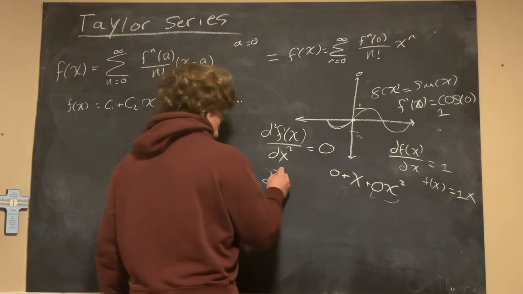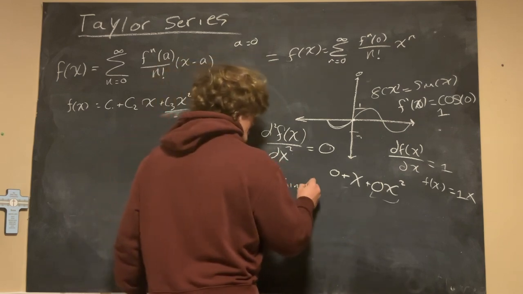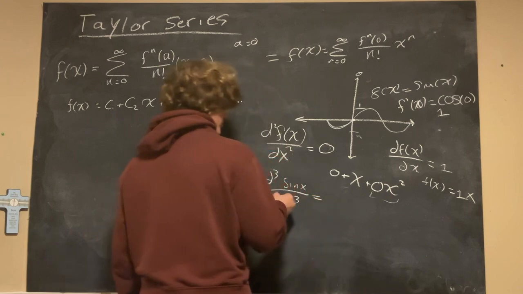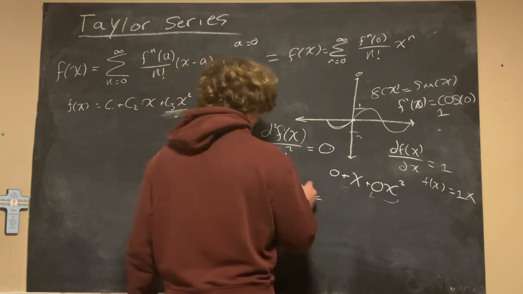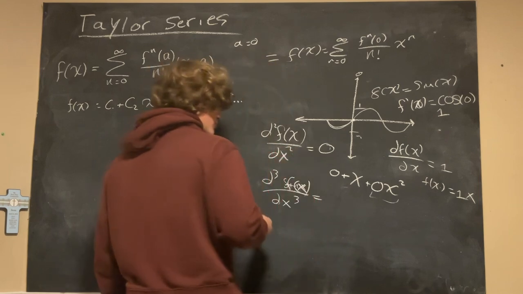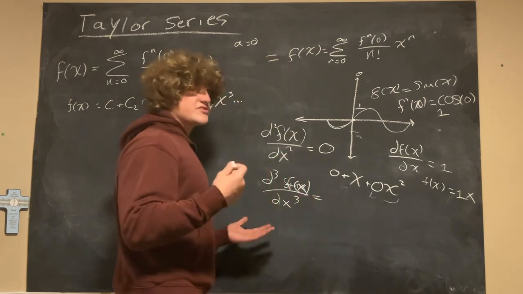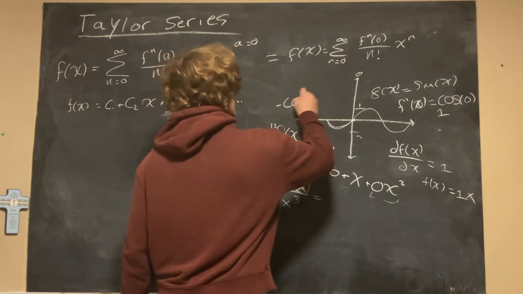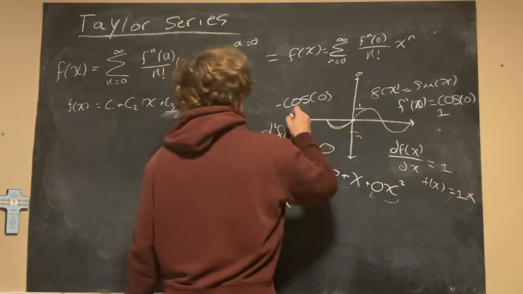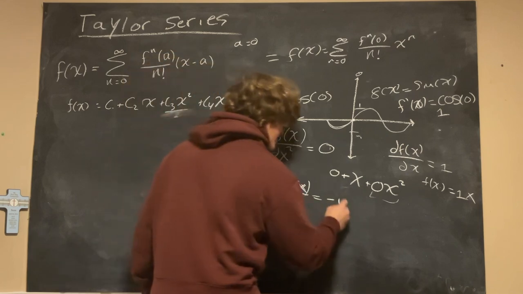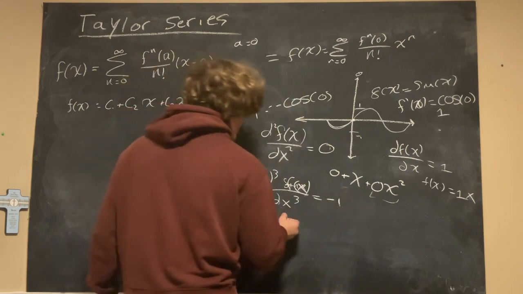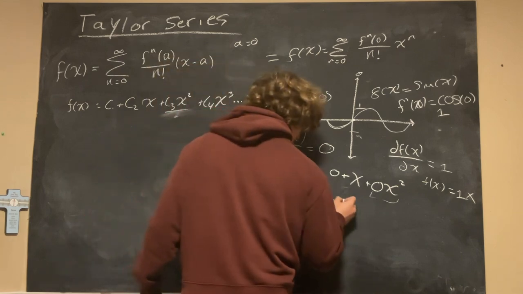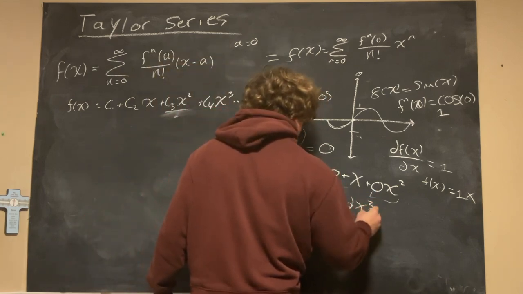Our third derivative of sine of x with respect to x, let's just write this as f of x, is equal to the third derivative of sine of x, which is just the negative cosine of 0, which is just -1. So this is -1. When we multiply both sides by the new denominator, we get this.